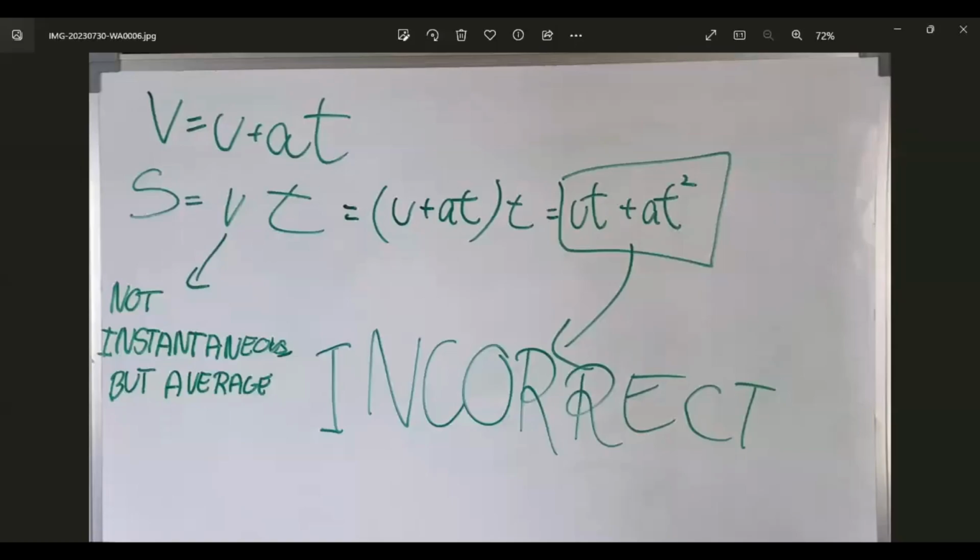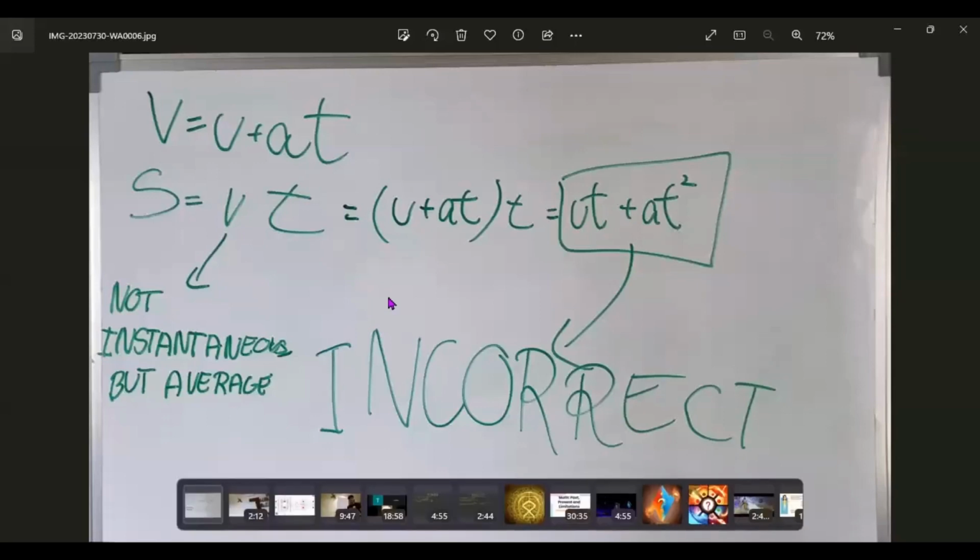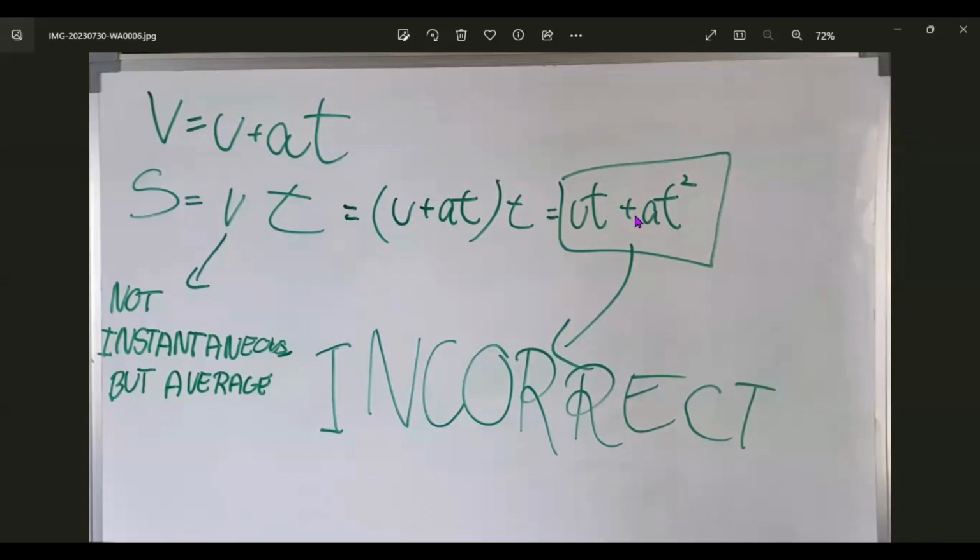I'm going to share my screen to make it easier for you. Can you see my screen? So this is what people derive, ut plus at square. I'm asking you, why is it wrong?